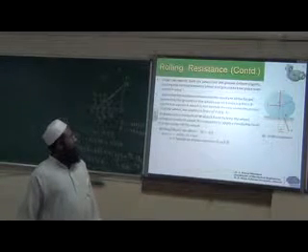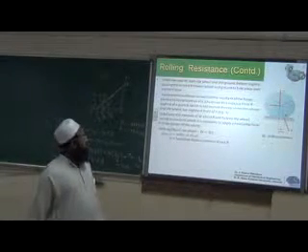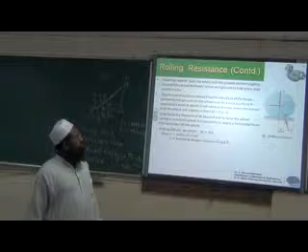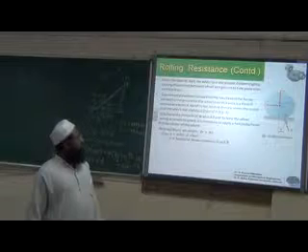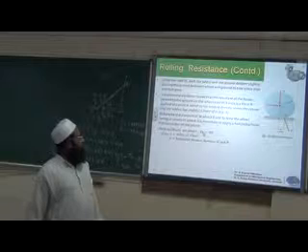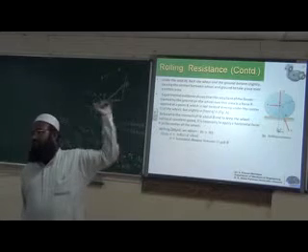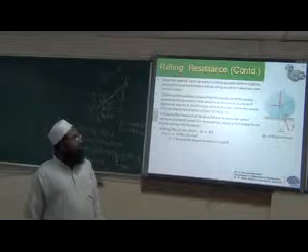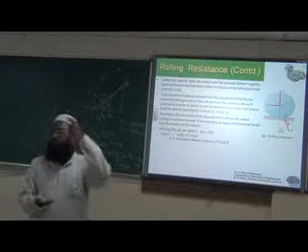If you take moment of all the forces about point A, we get P times the radius equals W times B. So PR equals WB is the moment equation from which we can find P, which is actually the rolling resistance: the distance between the line of action of W and the line of action of the reaction force. That is developed due to deformation.